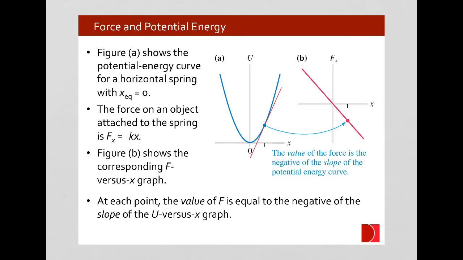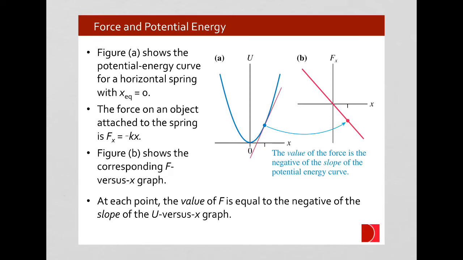We see here another example. Here we have the energy diagram for a spring. We are saying that the equilibrium length of the spring is set to be 0, and so you have potential energy of that spring, which is parabolic in nature.